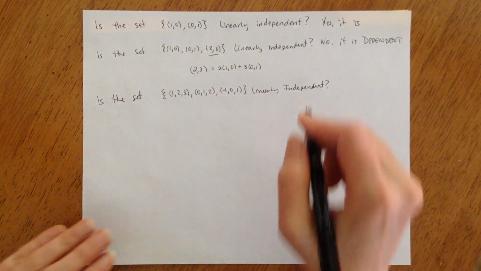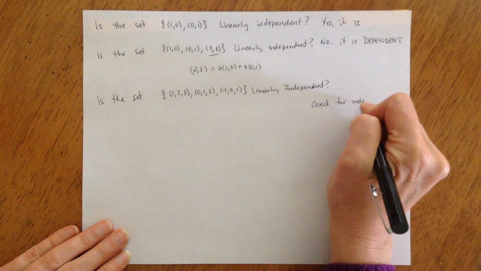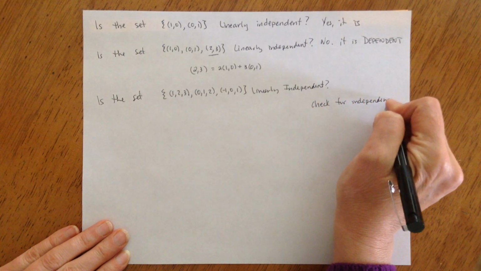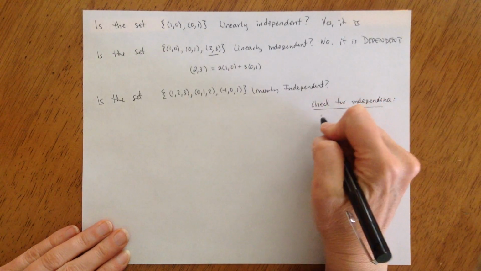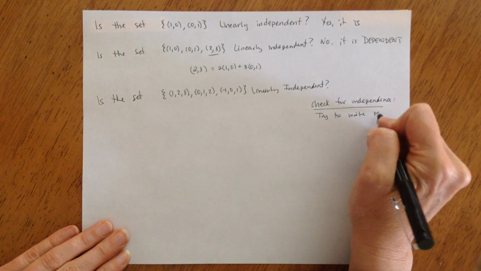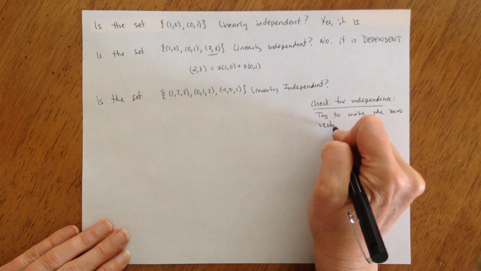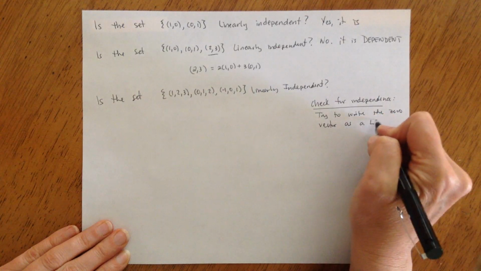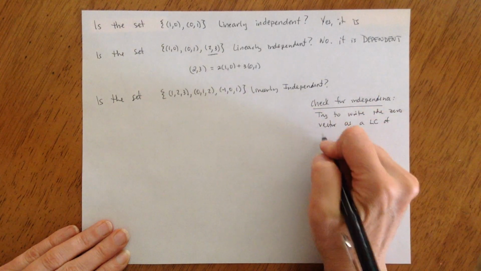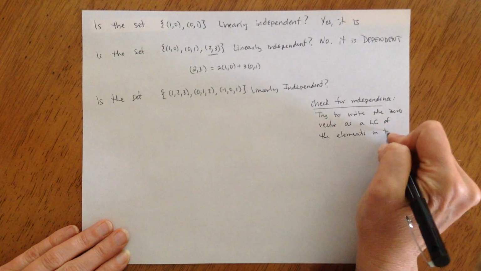So to check for independence, you try to write the 0 vector as a linear combination of the elements in the set.